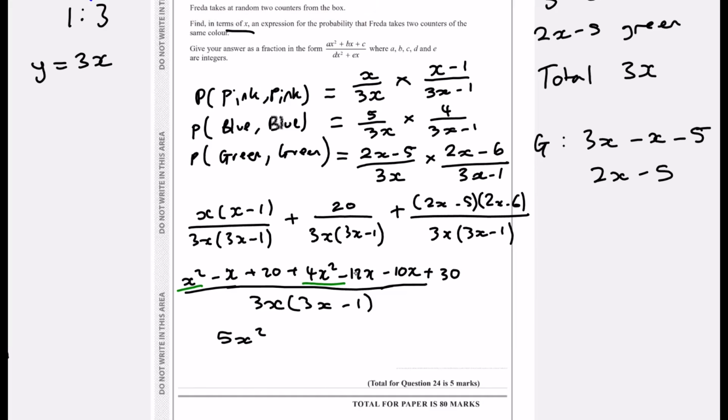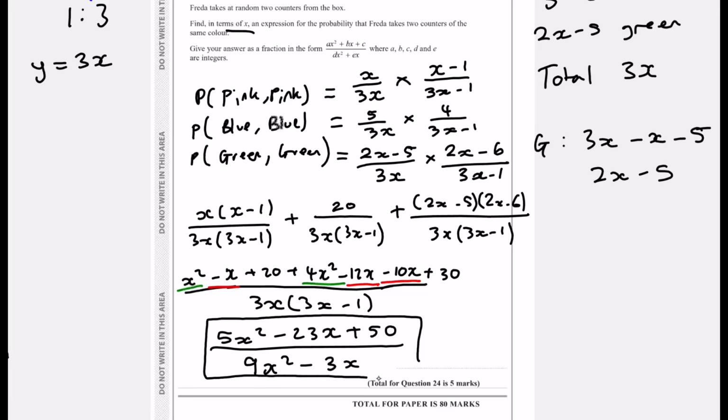For X's, we've got minus 1, minus 12, so minus 13, minus 10, minus 23 X's, and we've got plus 50. And on the bottom, 3X times 3X, 9X squared, 3X times negative 1, minus 3X. So it's in the form we wanted it. We don't have to do anything more. That is our answer.